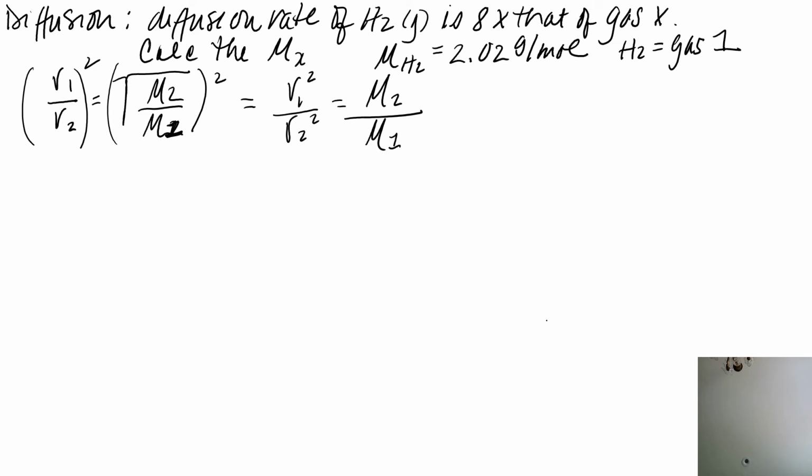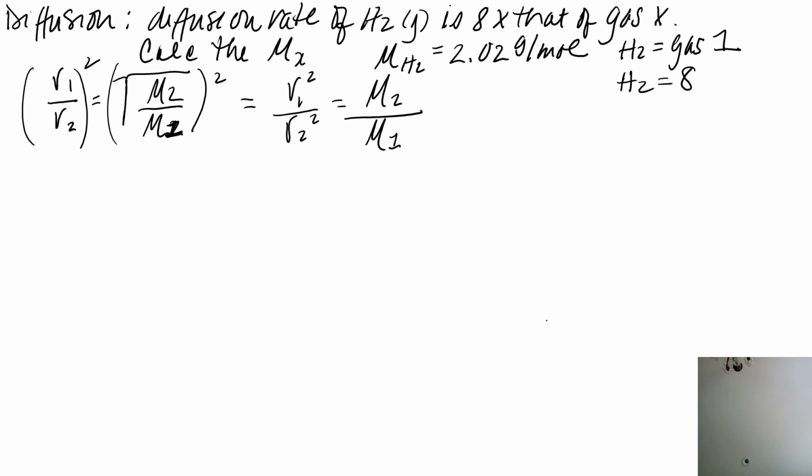We are going to assign gas 1 to be H2. So that means that the rate for H2 equals 8, and the rate for X will equal 1.